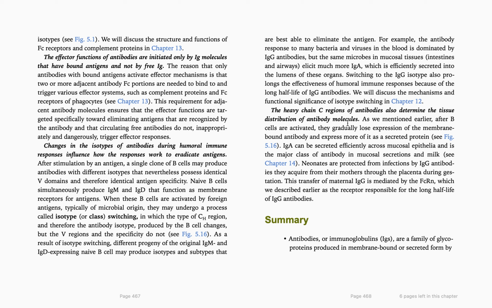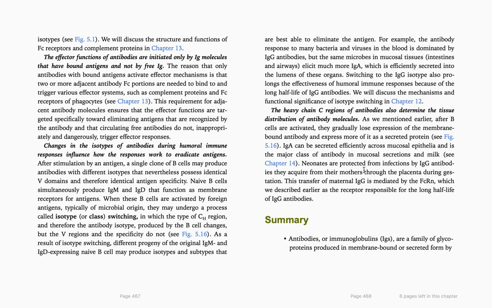The heavy chain C region of antibody also determines the tissue distribution of antibody molecules. As discussed earlier, after B cells are activated, they gradually lose expression of the membrane-bound antibody and express more of the secreted protein. IgA can be secreted efficiently across mucosal epithelium, and it is the major class of antibody in mucosal secretions and milk.